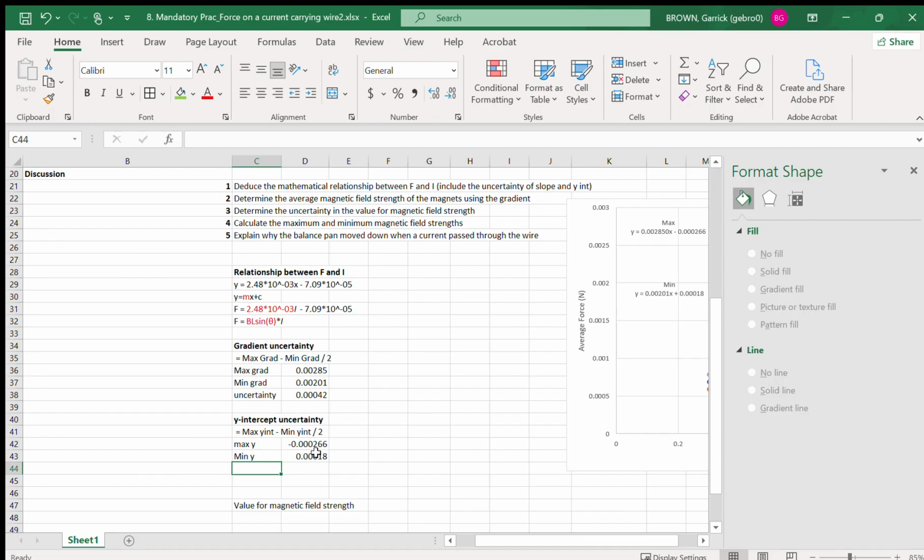Now, we are looking for the range between these values. So if you consider this to be a number line, negative 0.00026 is over here, and positive 0.00018 is over here. We need to make sure we are getting that difference.